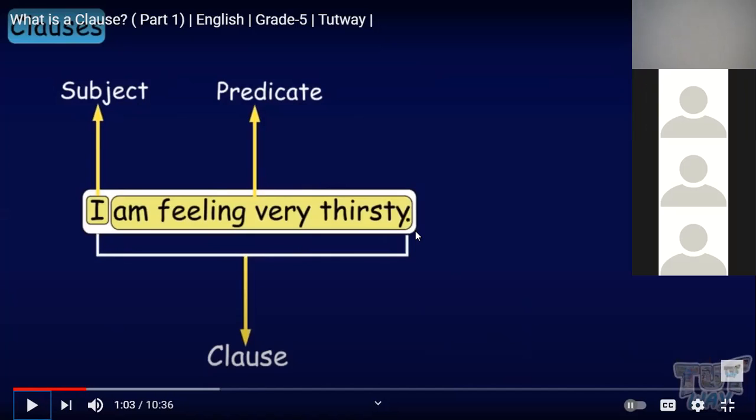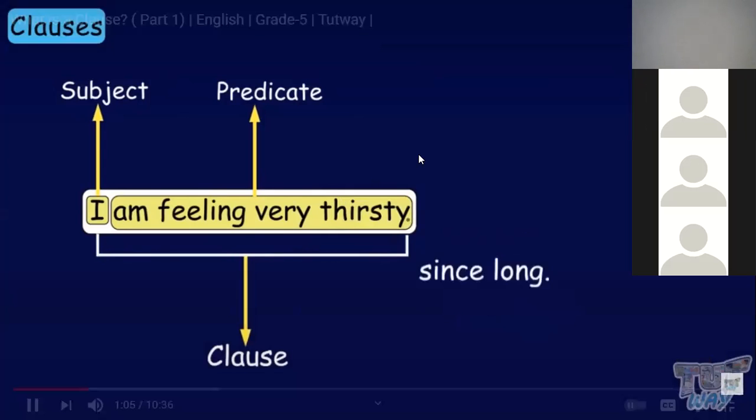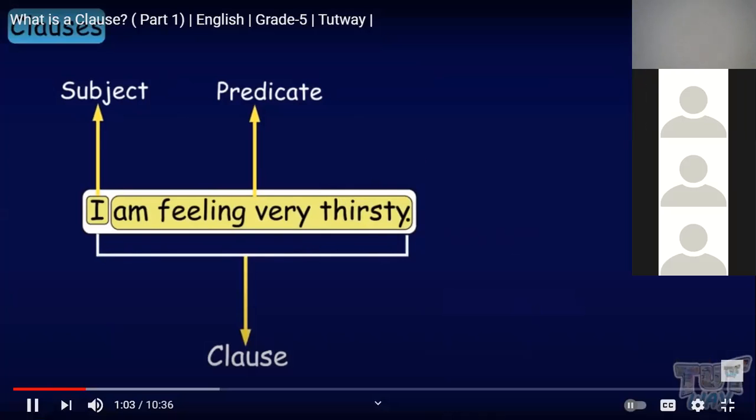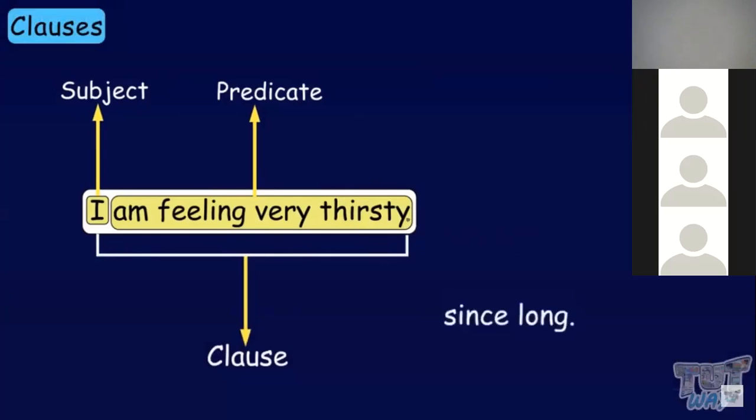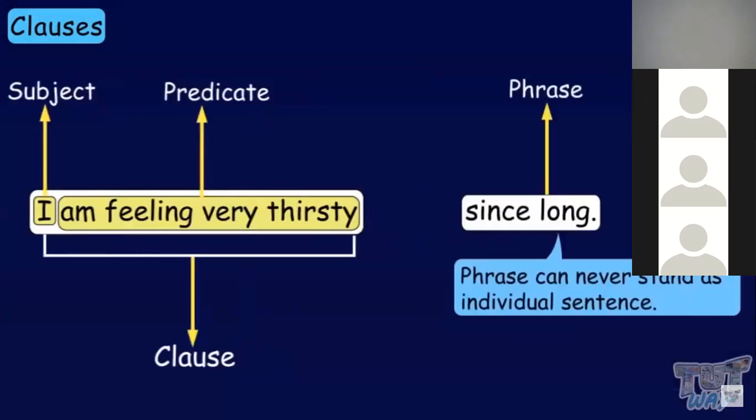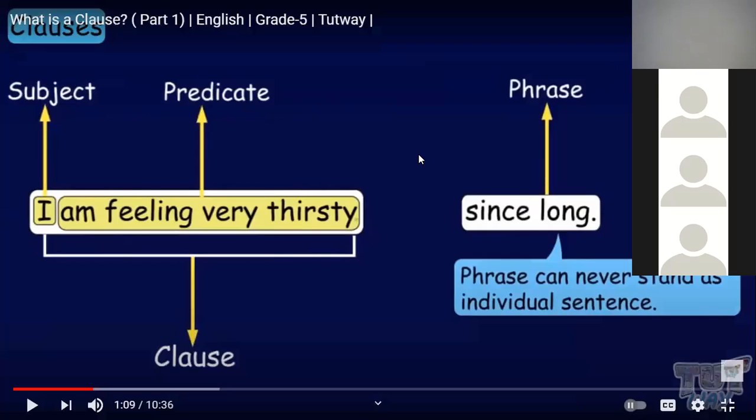And here, "I'm feeling very thirsty." Does this clause give me a full meaning or complete sense? Yeah, I am feeling very thirsty. Phrases can never stand as individual sentences.